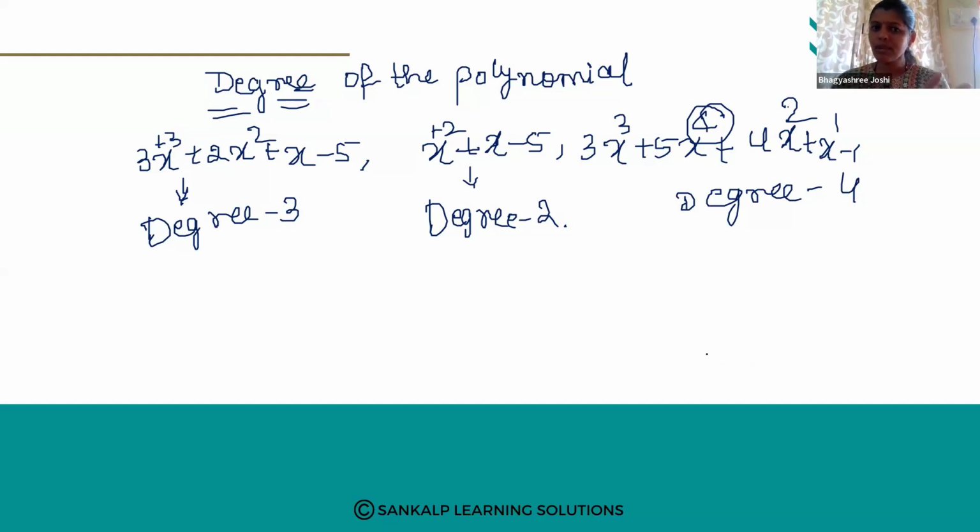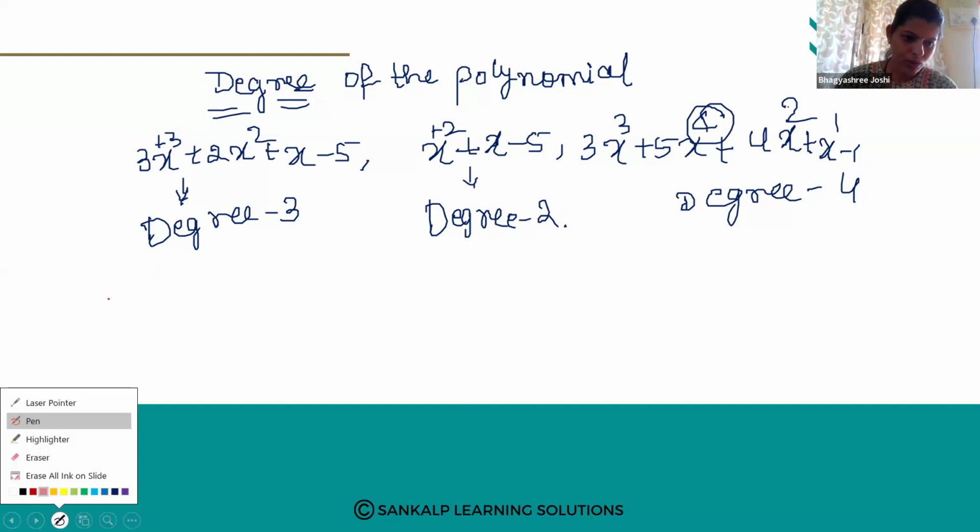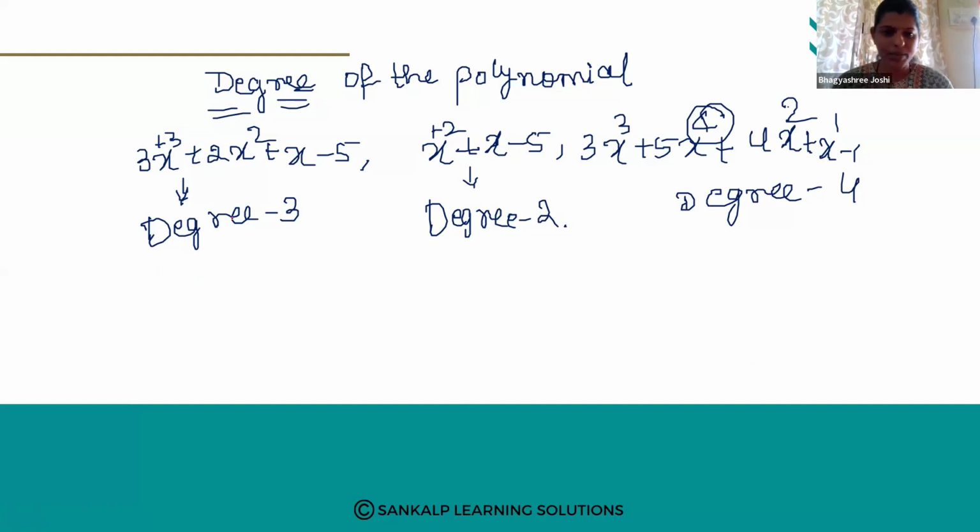Next comes this. Based on the degree of the polynomial, we can divide polynomials into 3 types. Actually there are more than 3 types, but here we are considering 3 types. If the polynomial has x plus 3, here the power is 1. That means the highest power is 1. So if the polynomial has degree 1, that is highest power 1, we call it a linear polynomial.